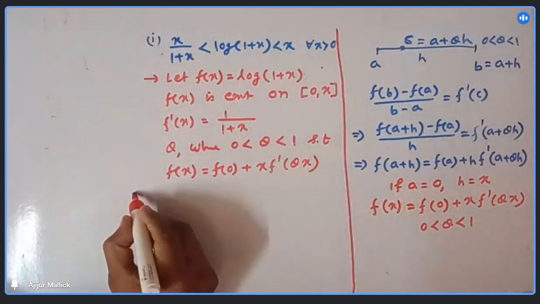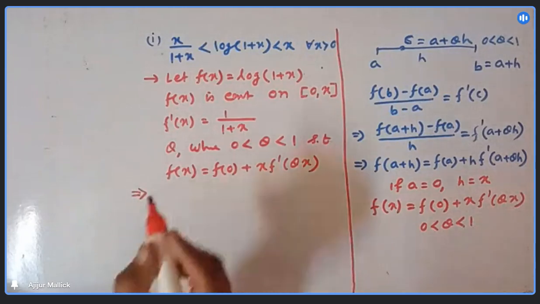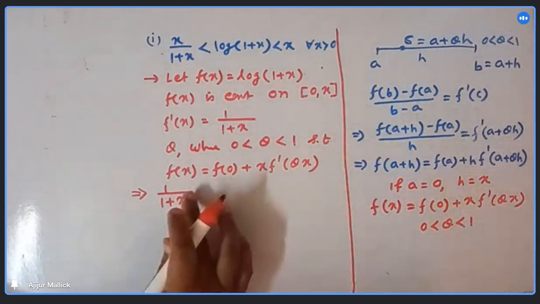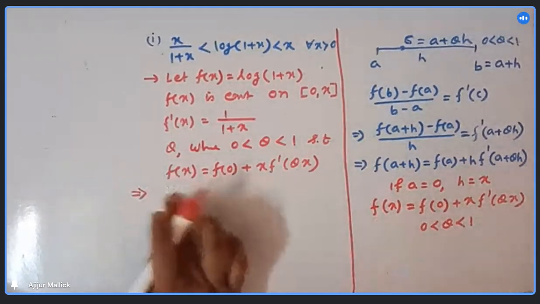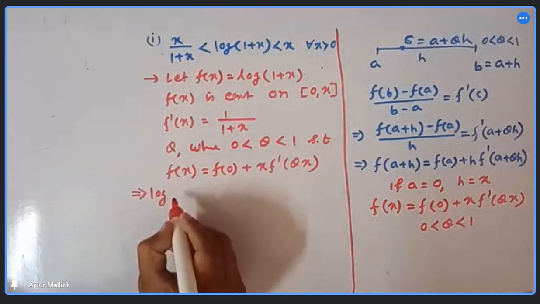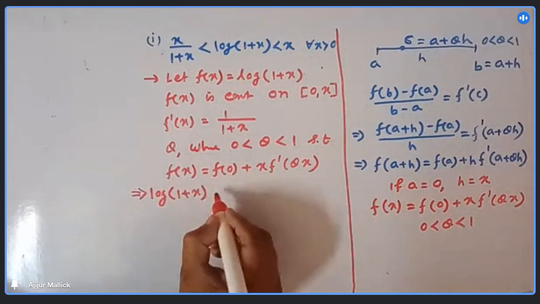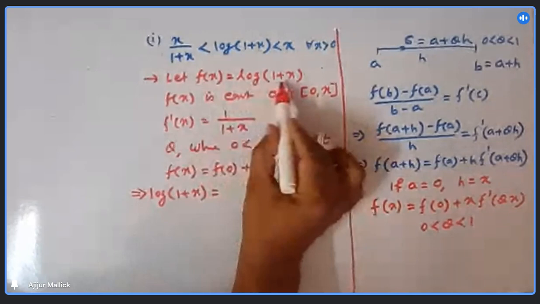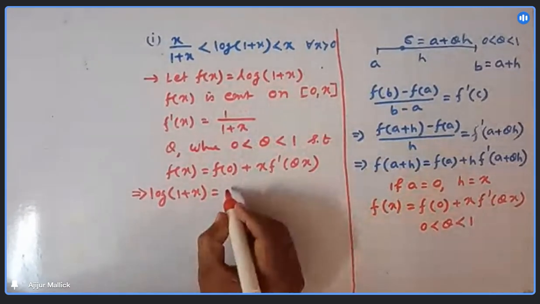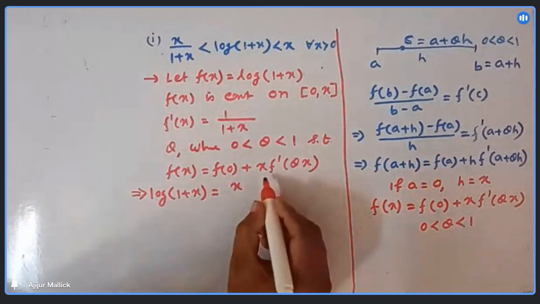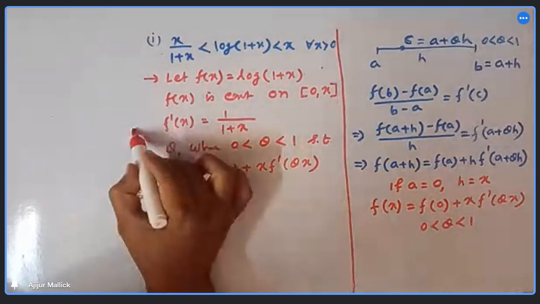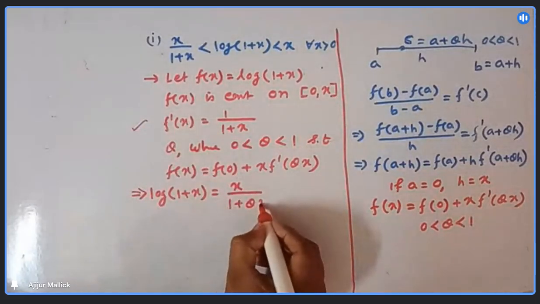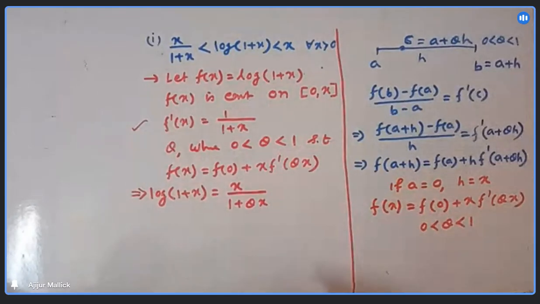Now put all values. f of x is log of 1 plus x. We are getting log of 1 plus x is equal to f of 0, log 1 is 0, plus x times f dash theta x, which is 1 divided by 1 plus theta x.